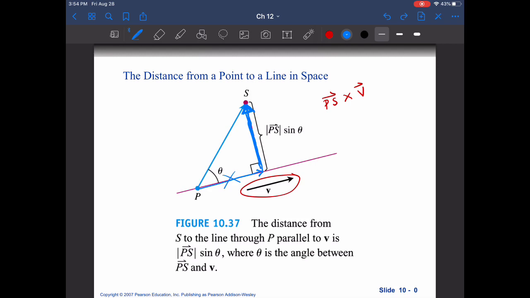So what we can do here is not multiply it by v necessarily, but find our vector v and then make it a unit vector. And if we do that and we take the magnitude of it, we're going to have our distance. So that's essentially going to be the distance from our point to our line.